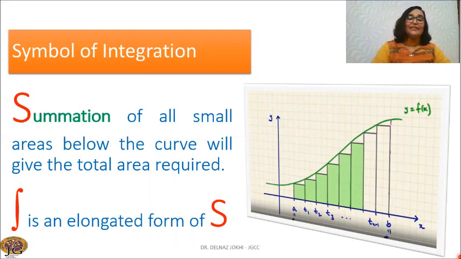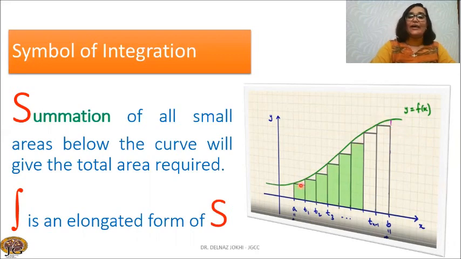Now I'm discussing how integration got this particular symbol that you see. Yes, this is the symbol of integration, but how do you get this symbol? Why this symbol? Well, do you see this graph? Yes.